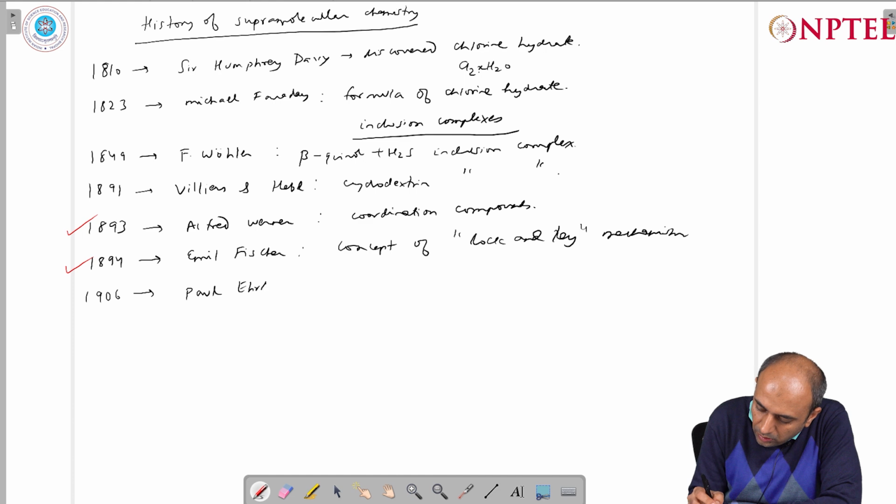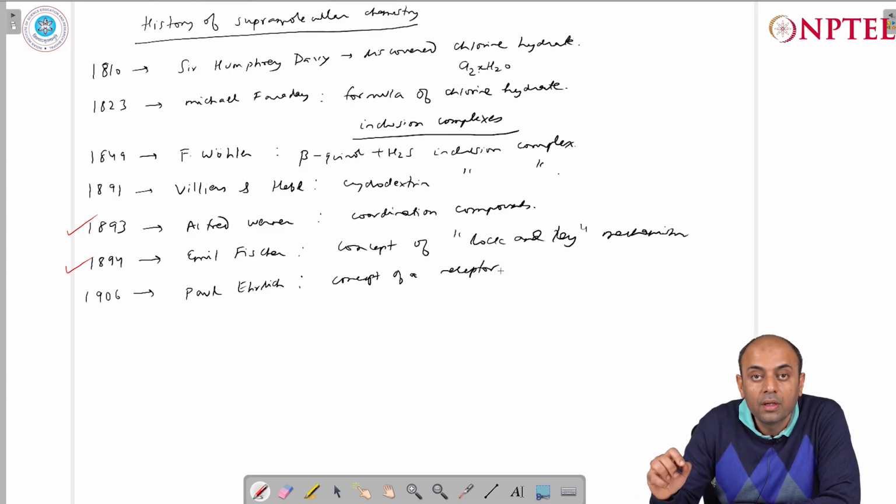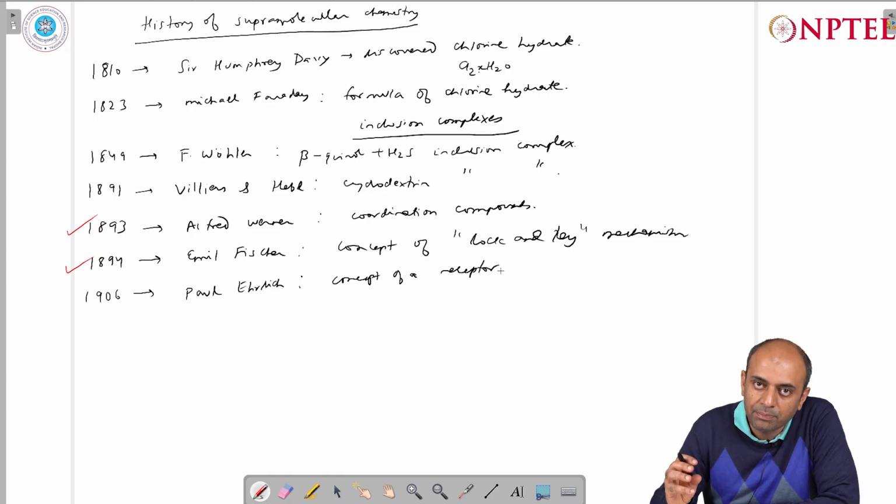That means that particular molecule or species which is involved in a sensing mechanism, for example, any molecule which is able to sense cations or anions in solution, is referred to as a receptor. So, the concept of a receptor was proposed by Paul Ehrlich.